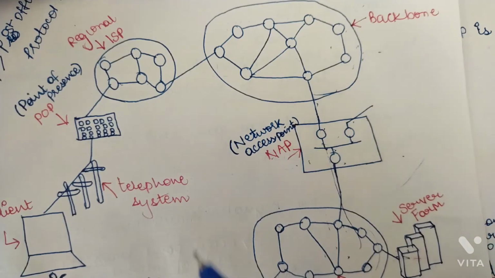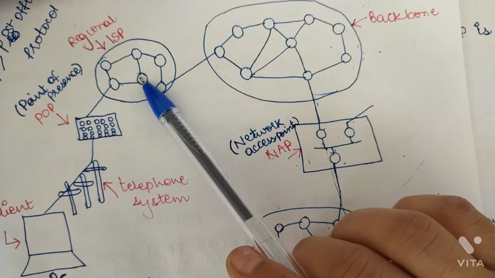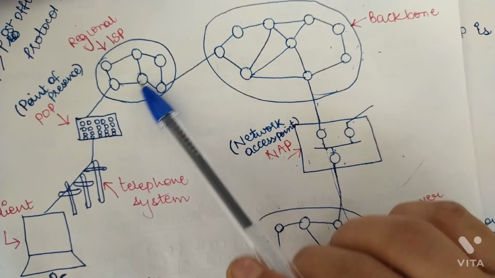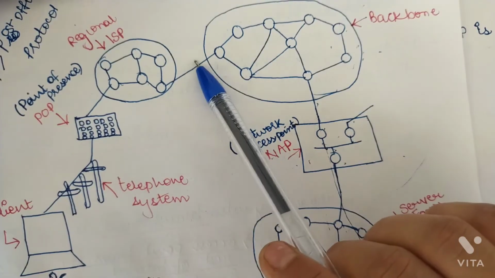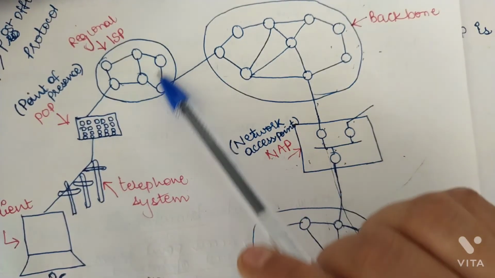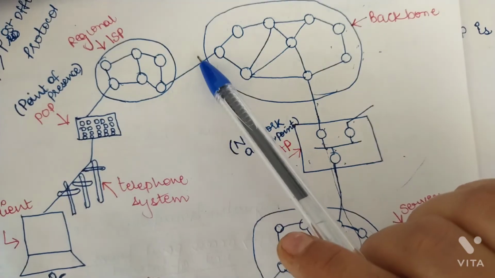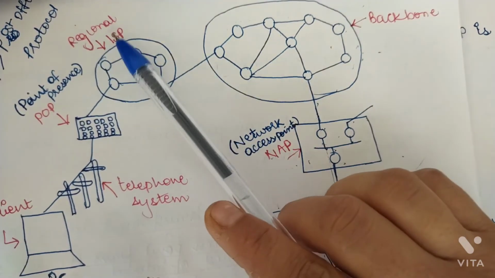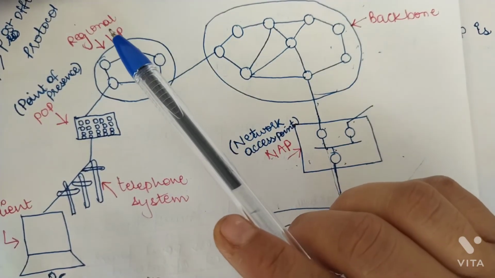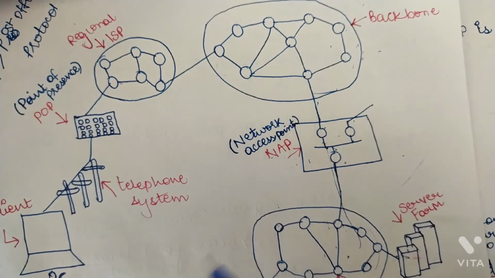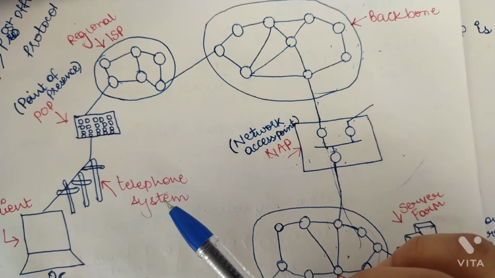So basically what is happening, the packet is first going to the regional internet service provider. And then these regional internet service providers are connected through various routers of different cities where this particular internet service provider is providing you services. Now let us take an example of Airtel or BSNL.